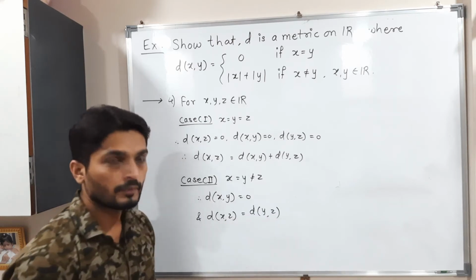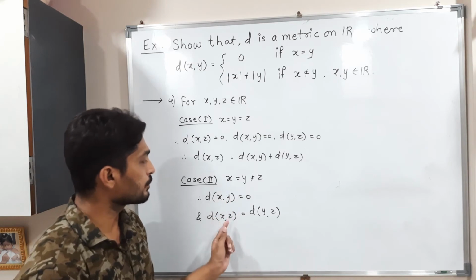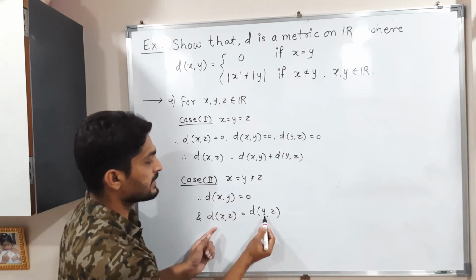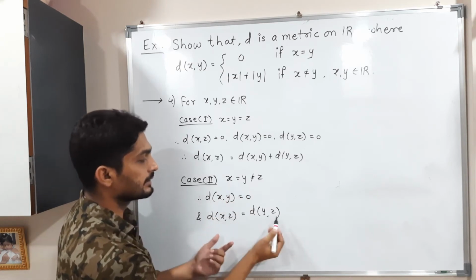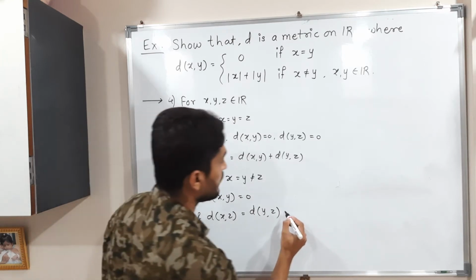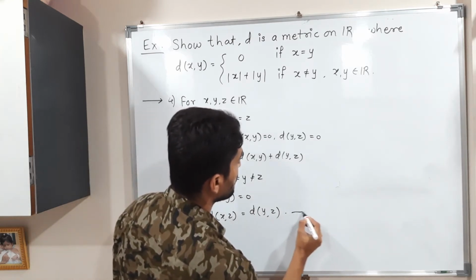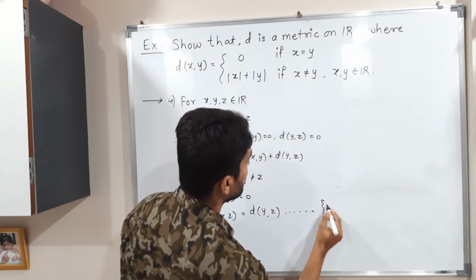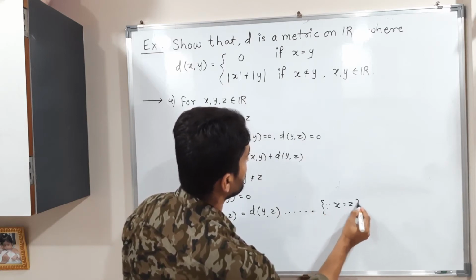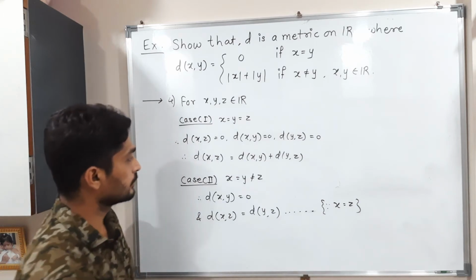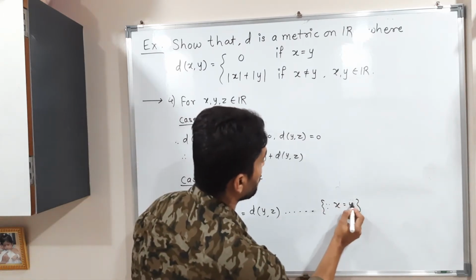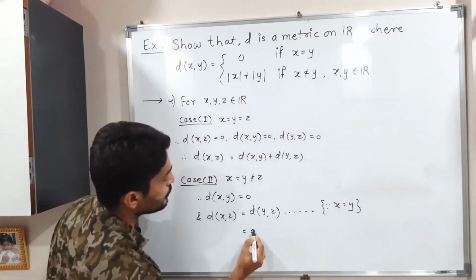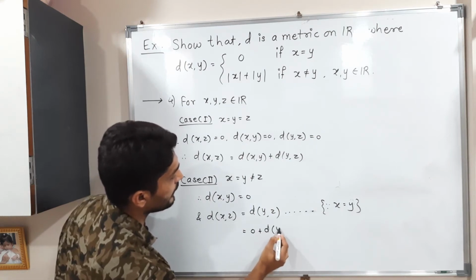Why? Since x and y are the same, both of them are the same and just the last component is different, so that's why it is possible. The reason is that x is equal to y. So this is equal to 0 plus d of yz.